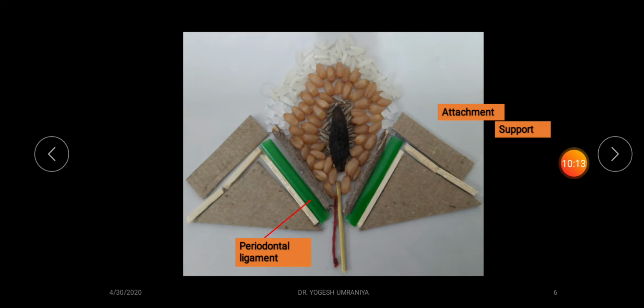Next function is supporting the teeth over the bony socket, as well as the remodeling of the tooth, particularly in any dental treatment, that is supported by the modification in this periodontal ligament. So these are the three basic functions: attachment, support, as well as remodeling.